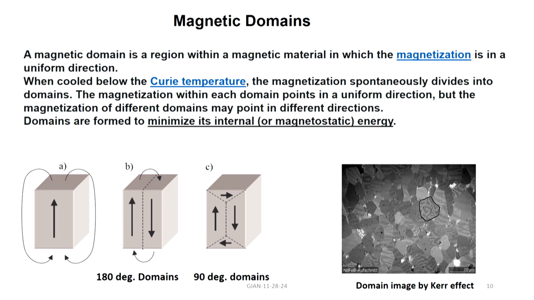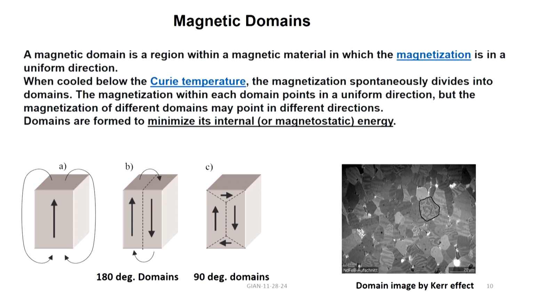And you can image the domains in either single crystal or polycrystalline material. There are many ways to do it. What you see here is the domain imaging by Kerr effect. Kerr effect is you shine light onto the sample surface, then you get the reflected light through a polarizer and an analyzer, depending on the grain orientation of the magnetization.